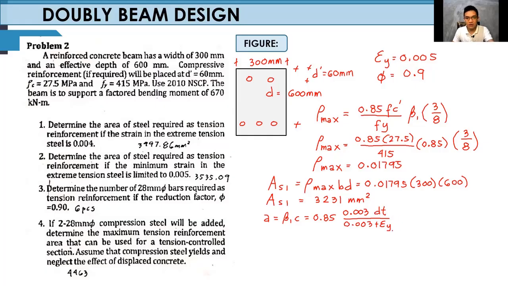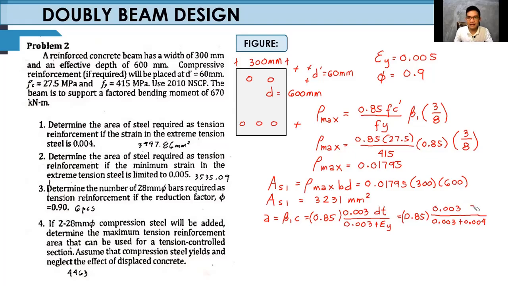So, therefore, ilalagay ko na lang dito, ayan, para hindi kayo malito. 0.85 multiplied by 0.003 dt divided by 0.003 plus 0.005.